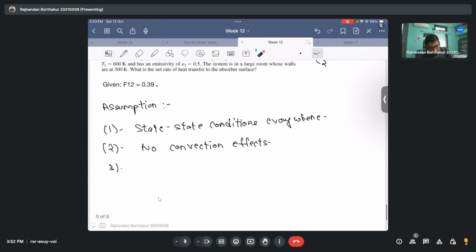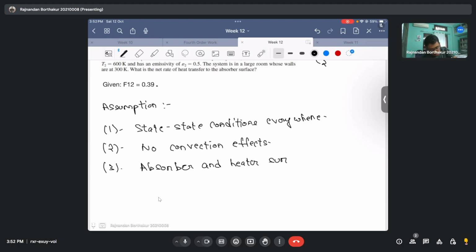Okay, so my third assumption is that absorber and heater surfaces are diffuse and gray. If you are solving this problem at your end, you should always start off a problem by writing in assumptions.